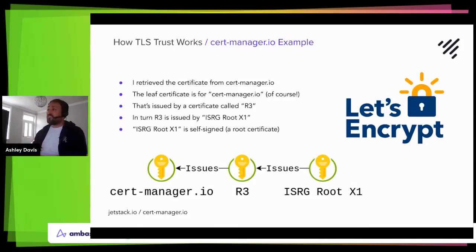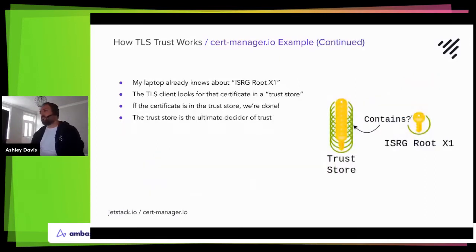So I'm going to try not to say that too much, but we see that ISRG root X1 is self-signed, so it's a root certificate. So that must be the end of the chain, right? We can't find another certificate which issued that one. So as it happens, my laptop already knew about ISRG root X1, right?